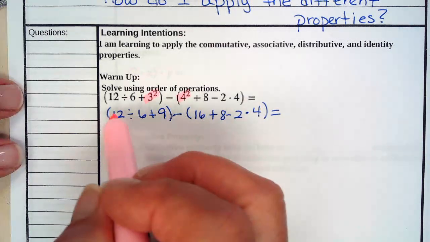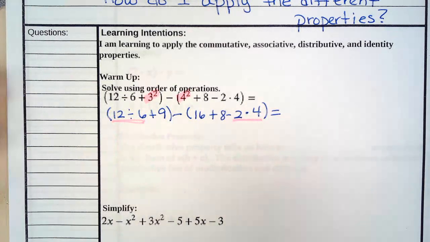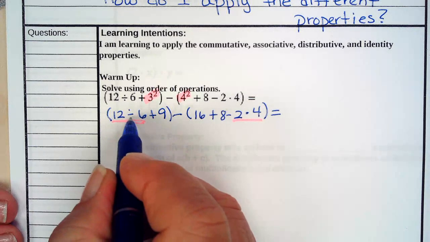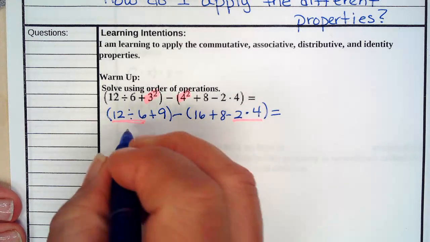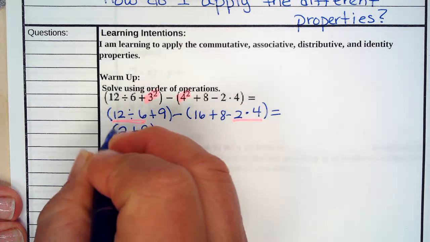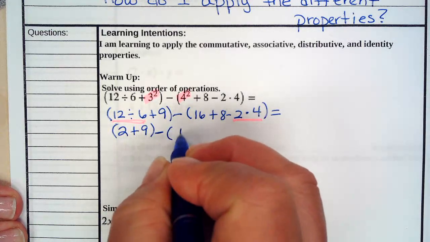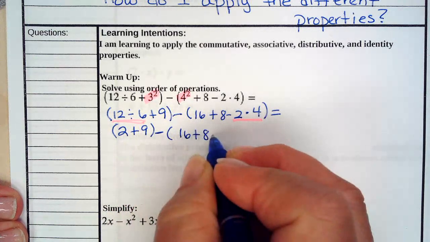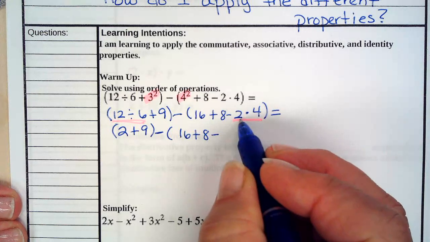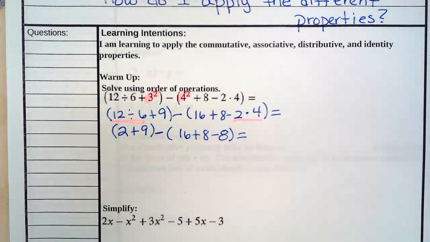I've got division here, I've got multiplication here. That's the next thing I need to do. 12 divided by 6 is 2. 2 plus 9 is what's left in my parentheses, minus 16 plus 8 minus 2 times 4, which is 8.